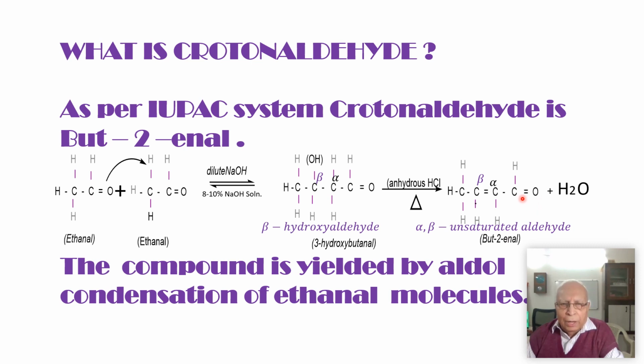For example, in CHO, this is the functional group. The next atom is alpha, in IUPAC it is number 2, and then beta, and then gamma, and so on. If you recall, we are still following the same system of nomenclature for the alpha carbon atom in aldehydes. So crotonaldehyde is a common name of but-2-enal. No confusion.